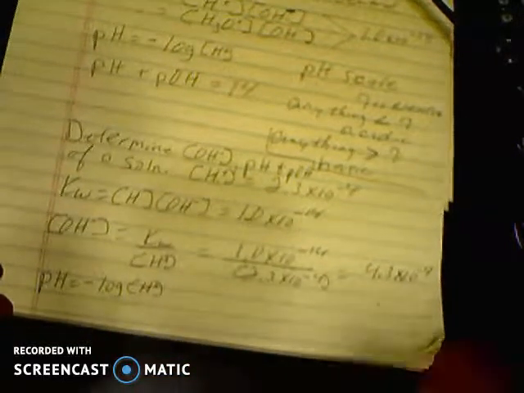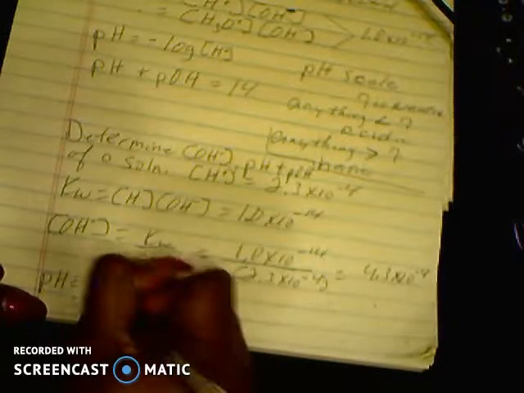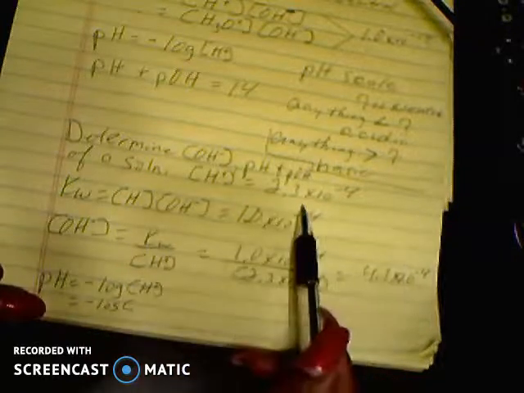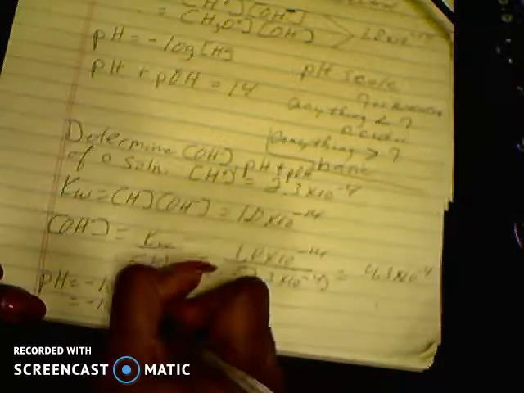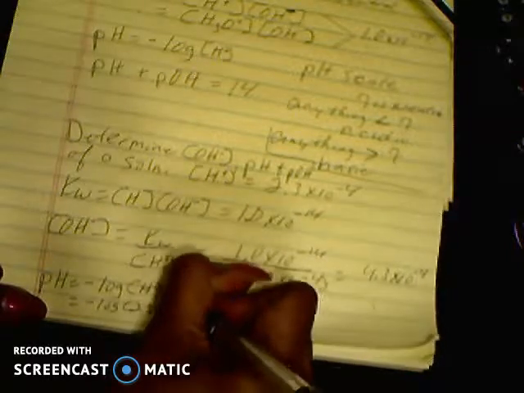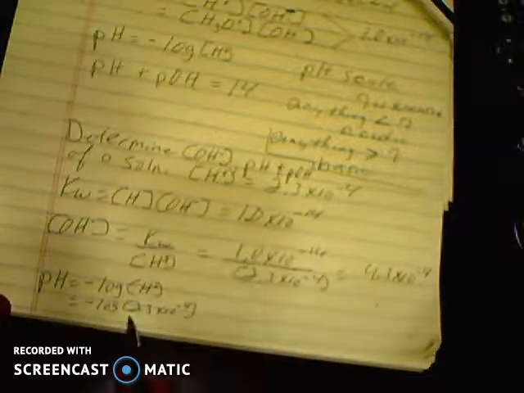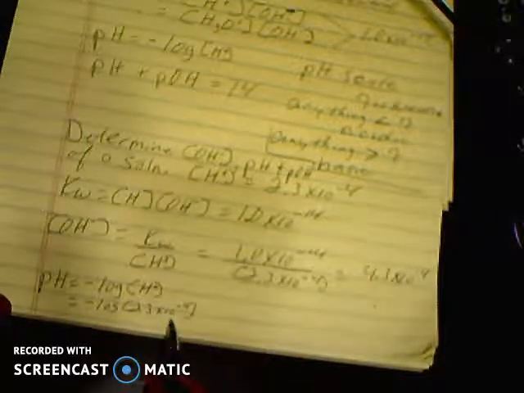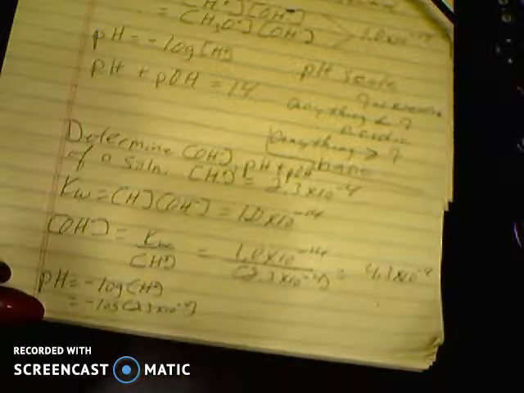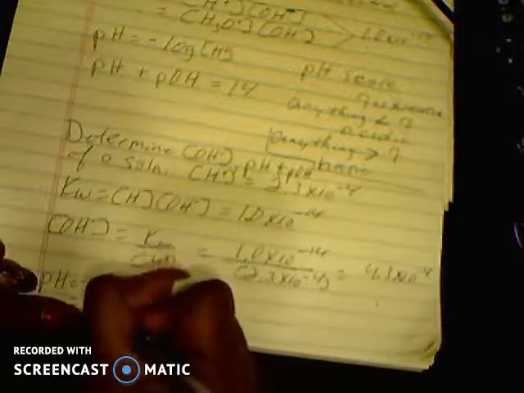Our hydrogen ion concentration in this instance is what we get up here in this problem, 2.3 times 10 to the negative 4. So pH equals the negative log of 2.3 times 10 to the negative 4. Plug that into my calculator, and I end up with 3.64.